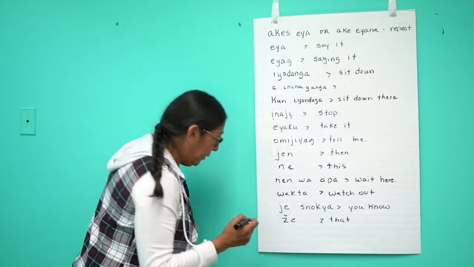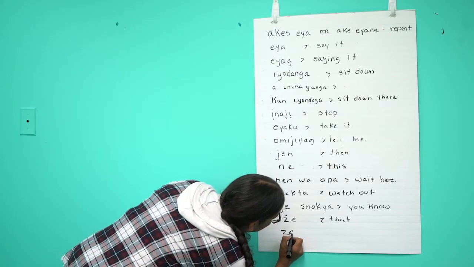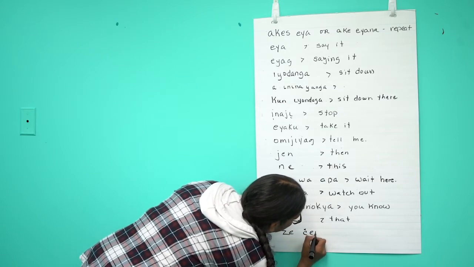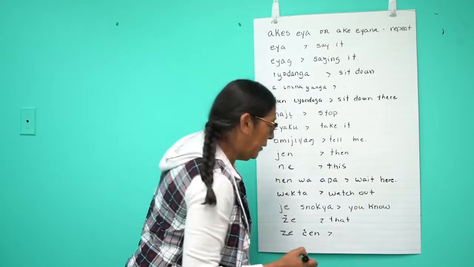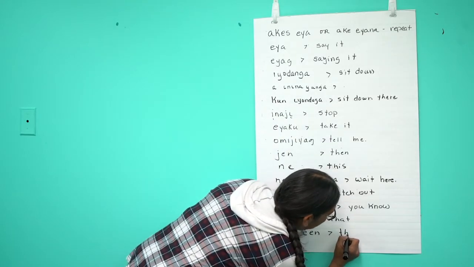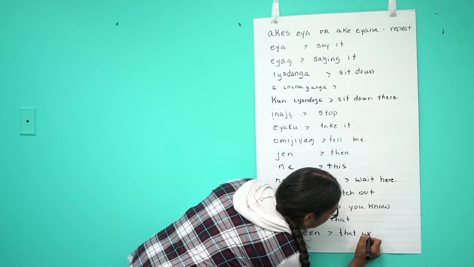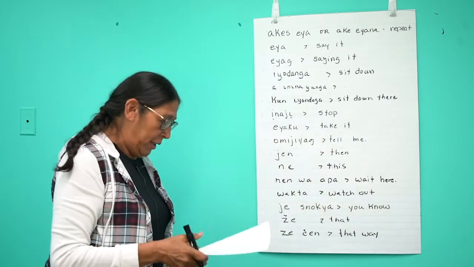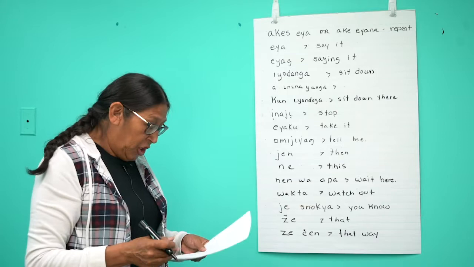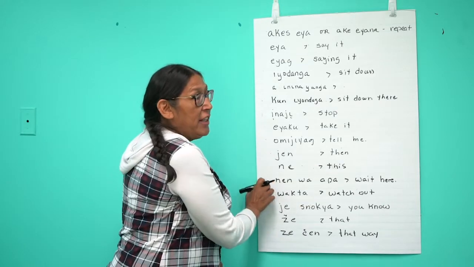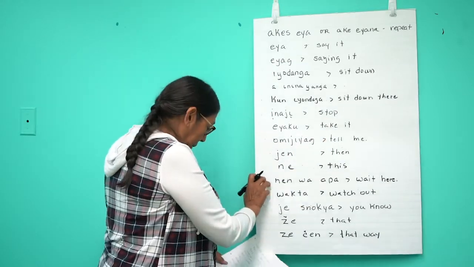Je chen. You ever hear the older people talking? Je chen. It's that way. Yeah, it's that way. Je chen. Jechi jen. I'm sorry.